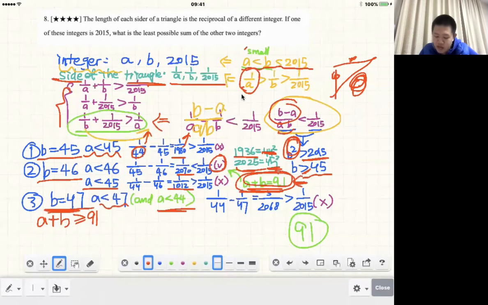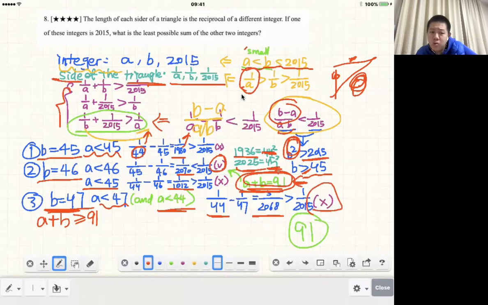But even if a is 44, 1 over 44 minus 1 over 47 gives you 3 over 2068. This is greater than 1 over 2015. That's common sense, isn't it? So this also doesn't apply.